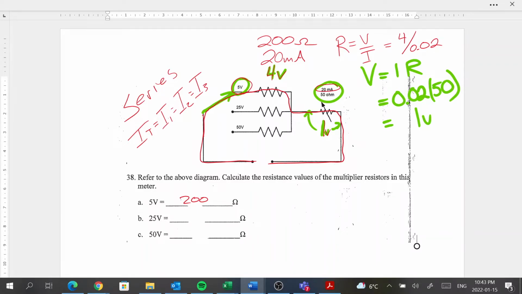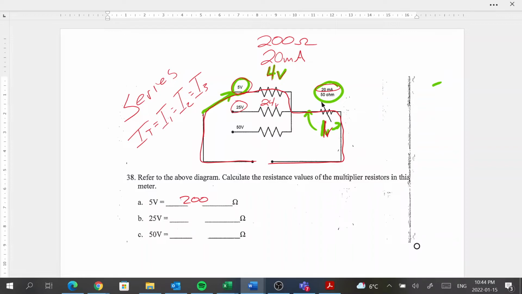Now we can do this exact same thing with the other voltages here. This 1 volt drop remains constant, but now to give us a 25 volt max, we're going to have a 24 volt drop here, and we can apply that to Ohm's law again. So we still have that same current going through.